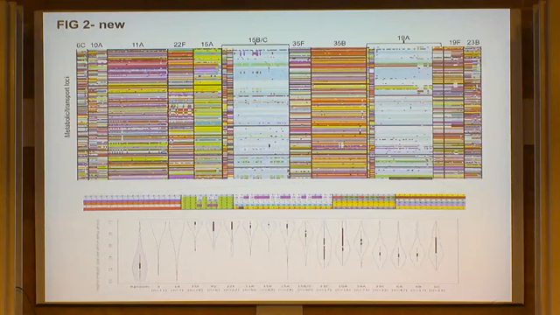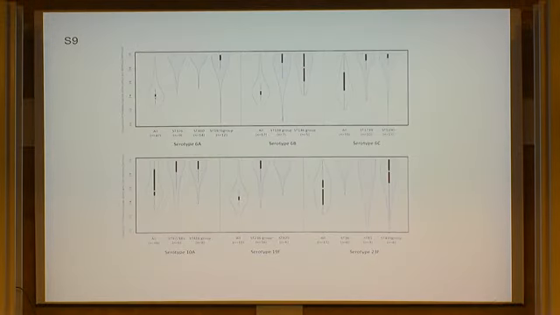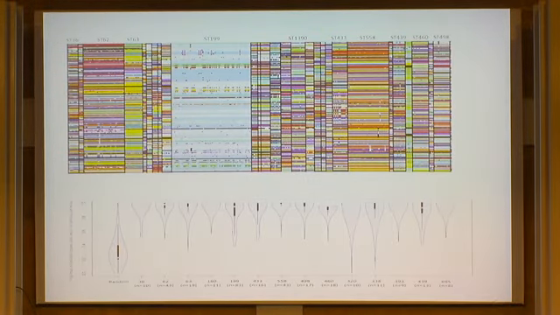So this gives us confidence that there are actually such things as metabolic types, and that the reason why MLST works as such a good scheme is because each of those MLST loci are actually embedded within this scheme.